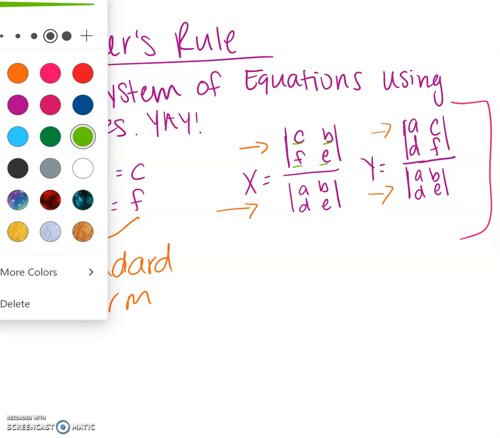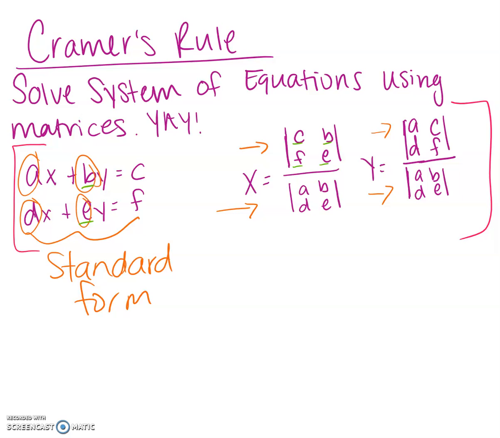Same with our other one. Here you can see we have A and D, which are the coefficients of our x's, and we're finding y. So to replace the y coefficients, we have the solution to our two equations over there. So essentially, you could write the A, B, D, E 4 times, and then replace the x's with the solutions and replace the y's with the solutions.